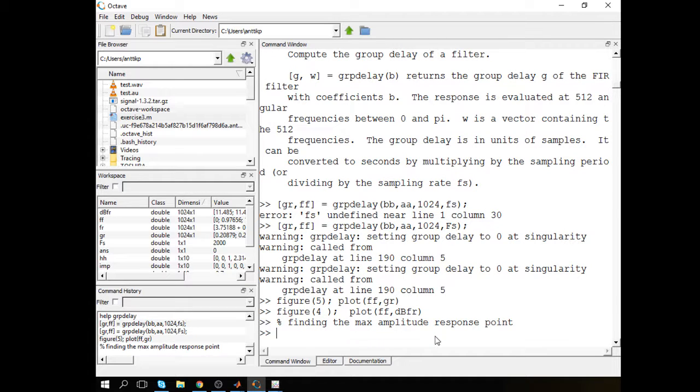We can find the maximum of dBFR and then ask about the index. Max, int equals max of dBFR.